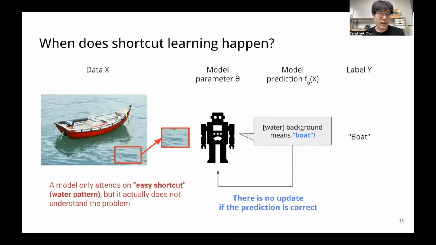In this example, the model can perfectly solve the given problem by only attending to easy shortcut features like water patterns without actual understanding of the problem. Because the prediction is correct, even if the machine makes a decision based on undesired features, the model will not be updated.